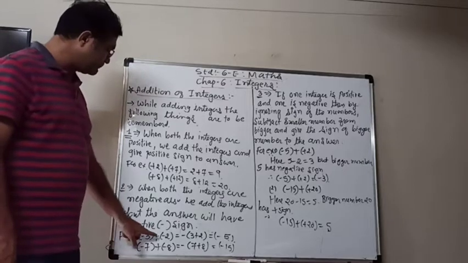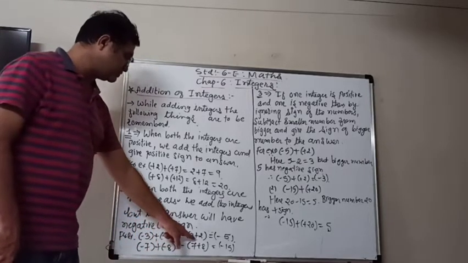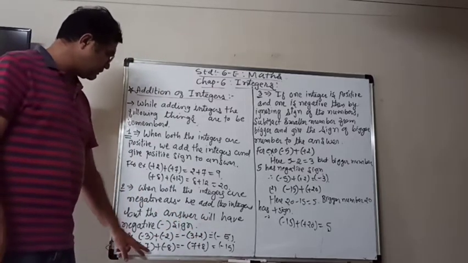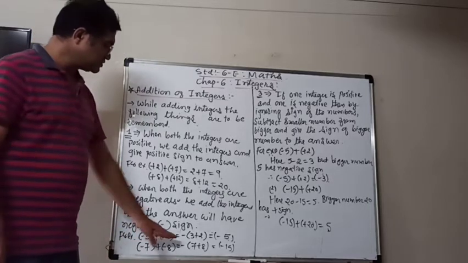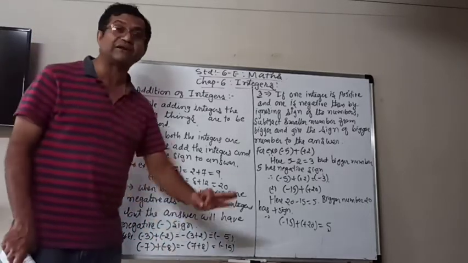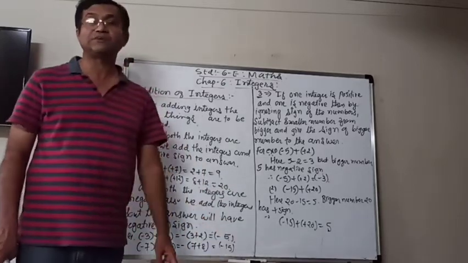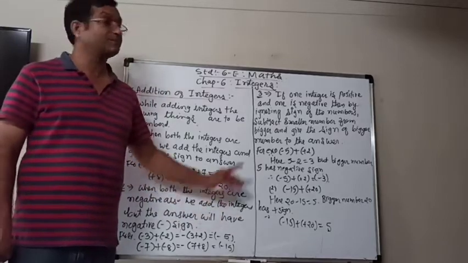So minus 3 plus minus 2 will be minus of 3 plus 2, it is minus 5. Similarly, minus 7 plus minus 8 is equal to minus of bracket 7 plus 8, so that will be negative 15. That is a very, very important thing.